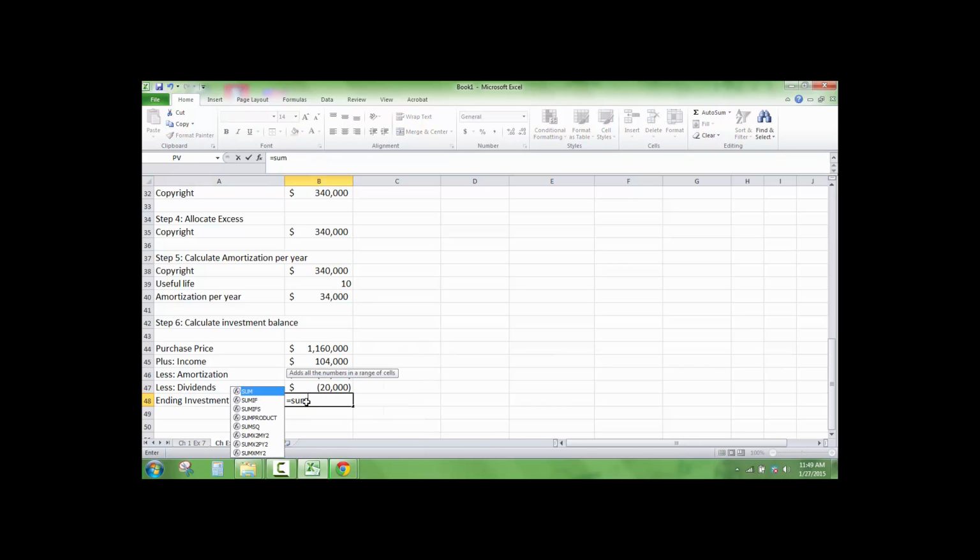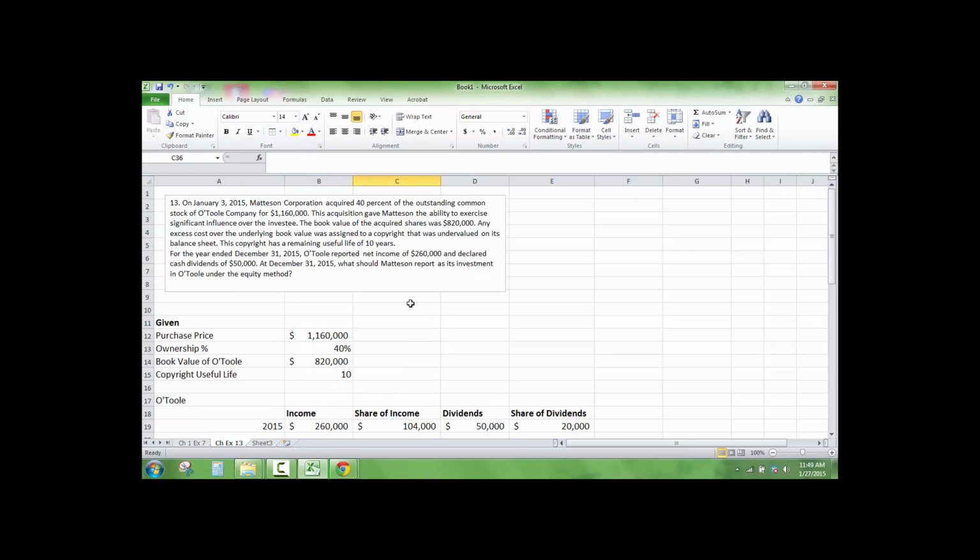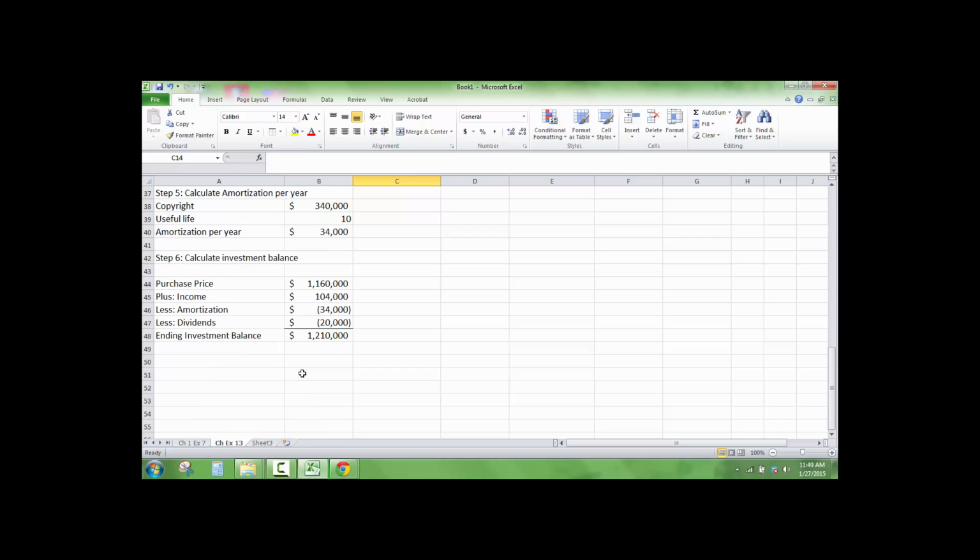And we're just going to add these all up. So at the end of 2015, they are going to report an investment balance of 1,210,000. This is an overview of how to calculate investment balance and account for the equity method.